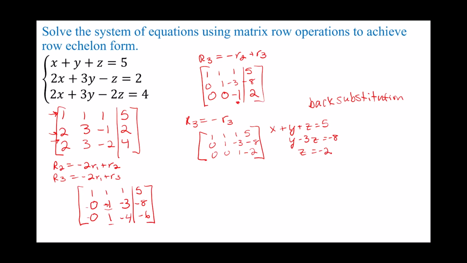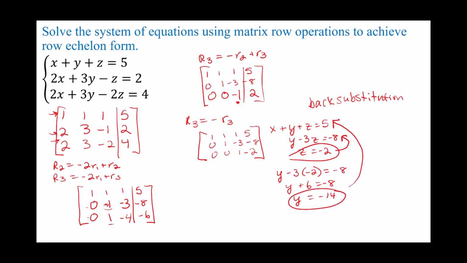So when we're in row echelon form, we already know z. Then I'm going to go backward and substitute that z into this equation to find y. So I have y minus 3z, which is negative 2, equals negative 8. Or y plus 6 equals negative 8, subtract 6, and I get y equals negative 14. So now I know z, and I know y, and then I'm going to use both of those to substitute back into that first equation.